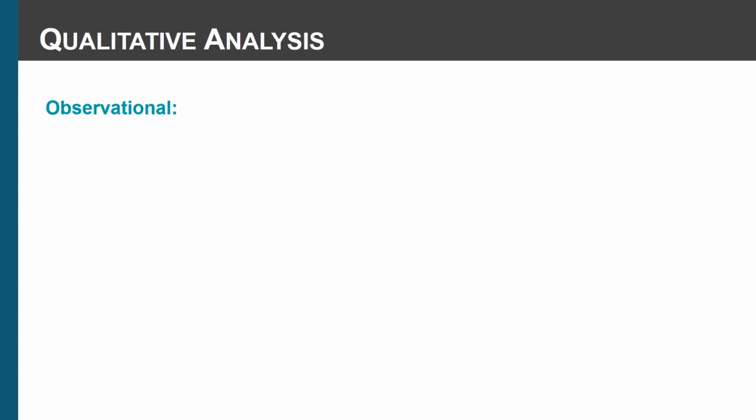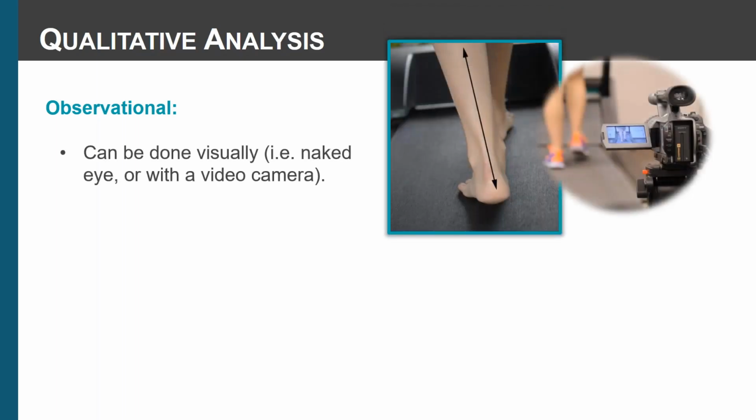Observational methodologies, which are also known as more of a qualitative analysis, in a clinical setting would involve a typical physical evaluation done by a clinician, followed by visual assessment of the patient's gait. Clinicians will use different visual cues to compare asymmetries between the left and the right, looking for overpronation, supination, other types of asymmetries that may occur.